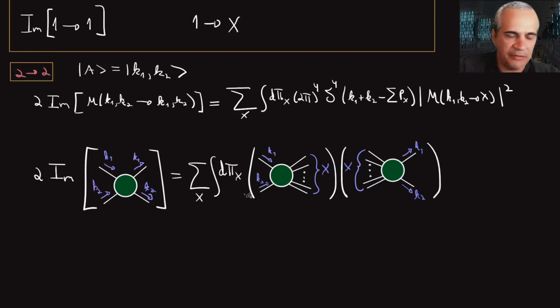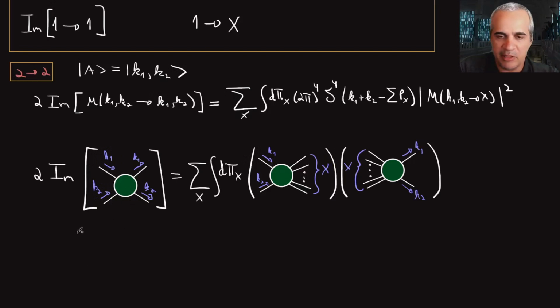So you see, this is very suggestive because it says that the imaginary part of this loop, as I said before, even if I consider these guys on the right at the lowest order, so I have some tree-level amplitude that connects these two lines to these n final lines, on the left side I'll have to go one order up in perturbation theory, and that means I'll have loops here.